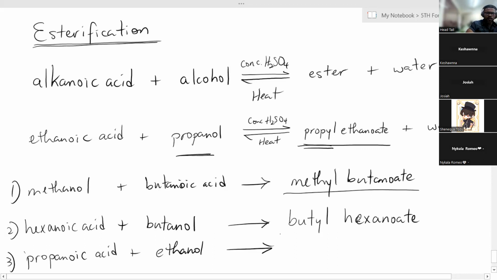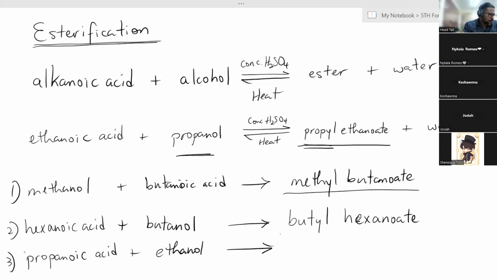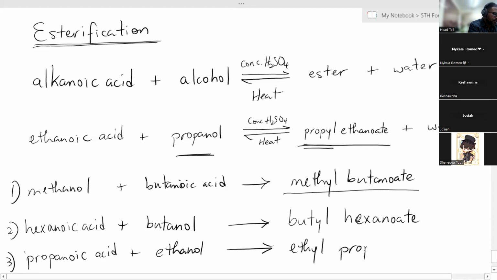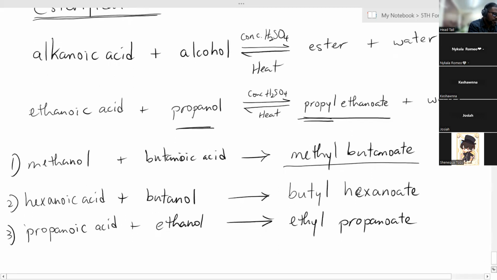What would be the name of the compound? Ethyl ethanoate. Repeat that again. Ethyl ethanoate is correct.